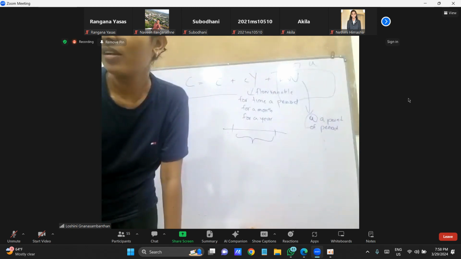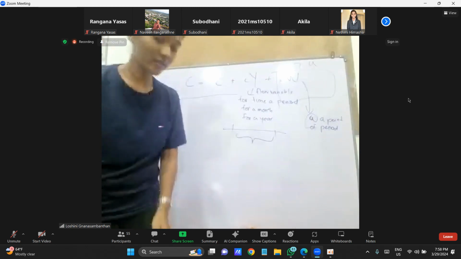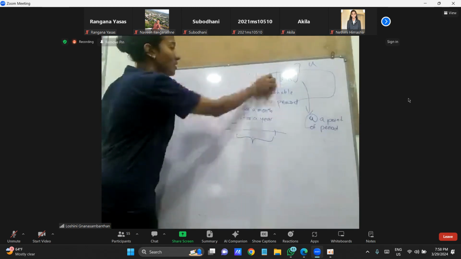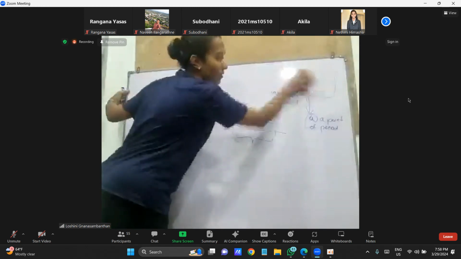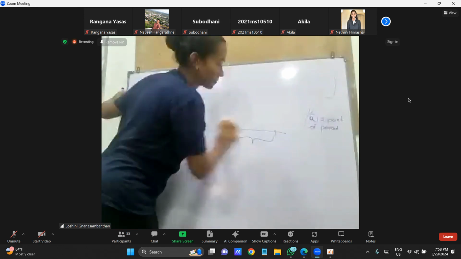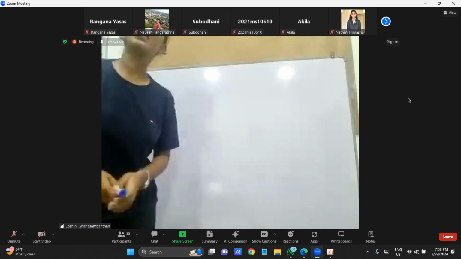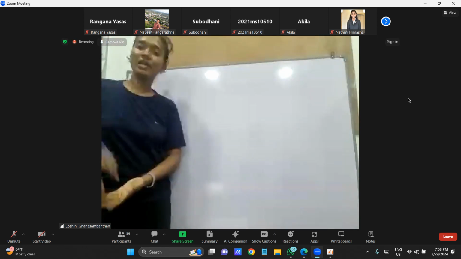Right. Then we are going to sample regression. So far we looked at the PRF, the population regression function. Why did we look at the population regression function? Because the example that we had was the population.